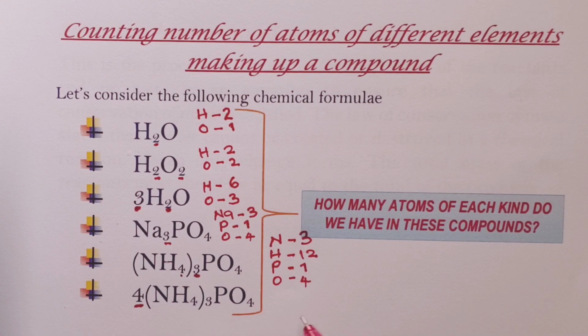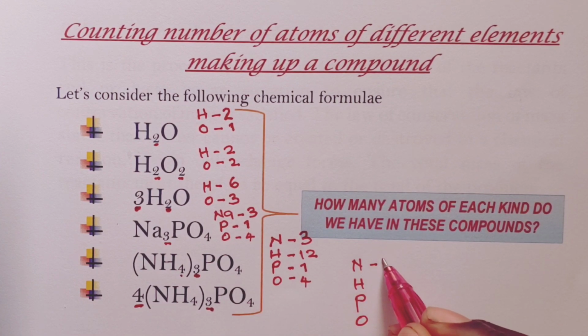So here also we have 4 atoms of different elements. We have nitrogen, hydrogen, phosphorus and oxygen. Nitrogen is affected by the 3 on the right of the bracket and a 4 before the bracket. That would give us a total of 12 nitrogen atoms, 3 times 4.